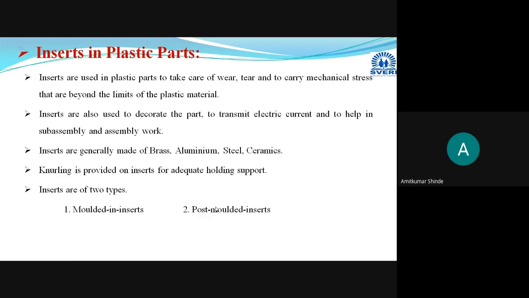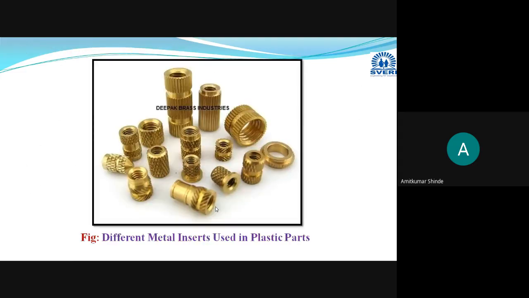First, I will show you the different types of inserts. Now it is visible on your screen. These are different types of inserts which we are going to use in plastic parts. As far as plastic parts are concerned, we are using metal inserts only.